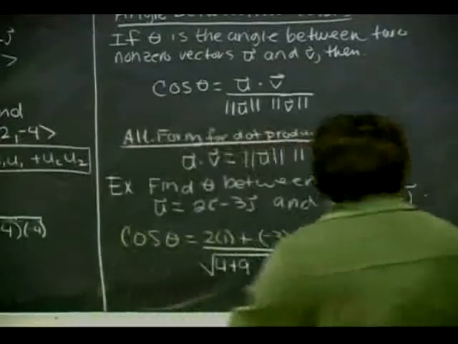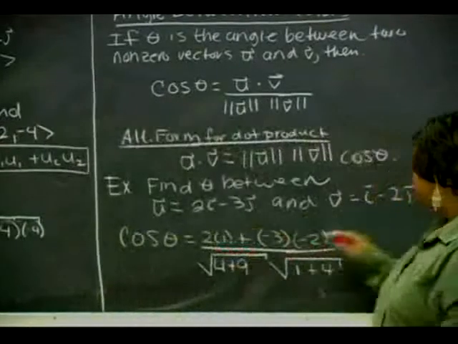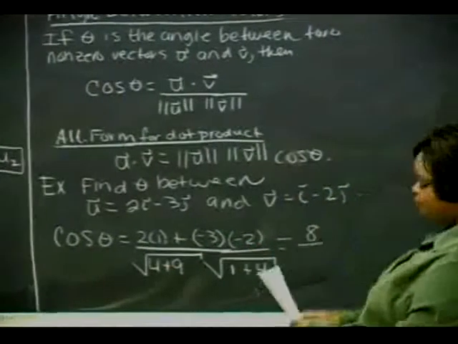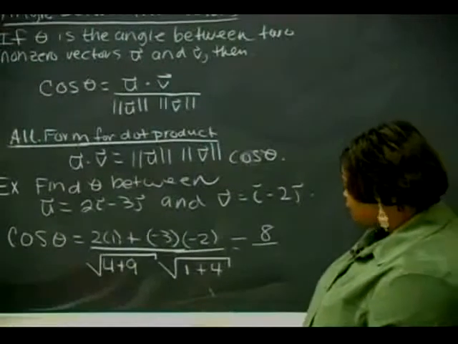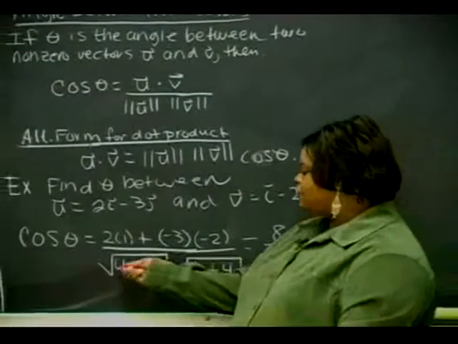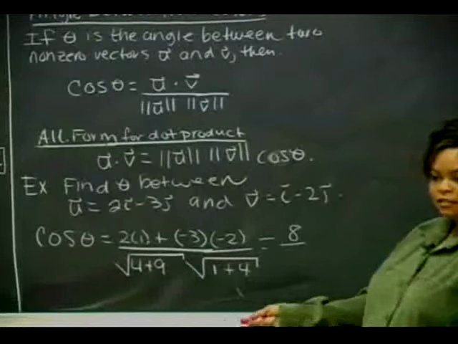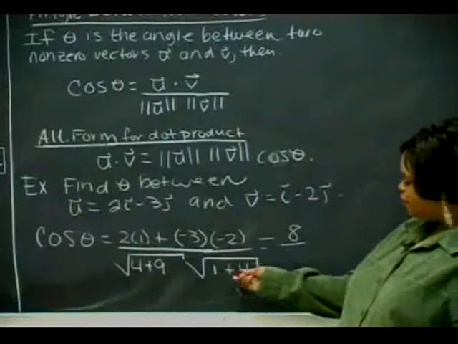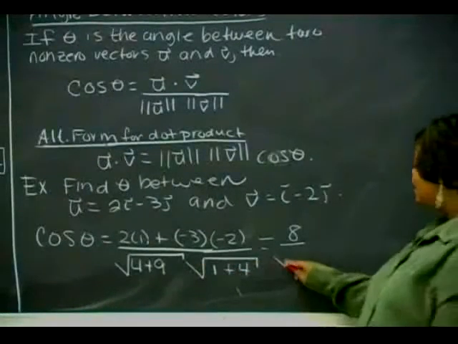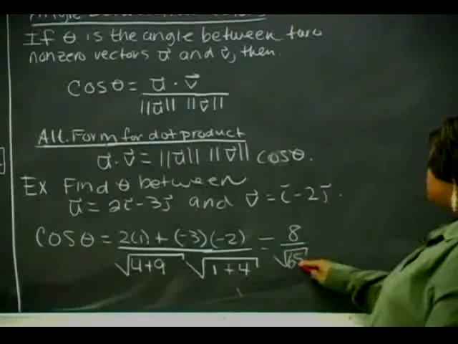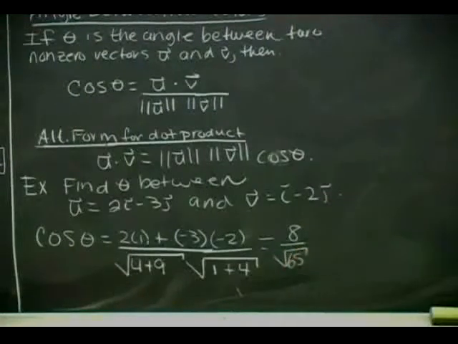So what do I have? 6 plus 2 is 8. Then 9 plus 4 is 13, right? 1 plus 4 is 5. What's 13 times 5? 65.